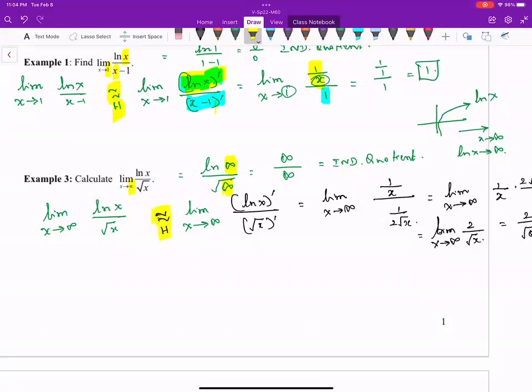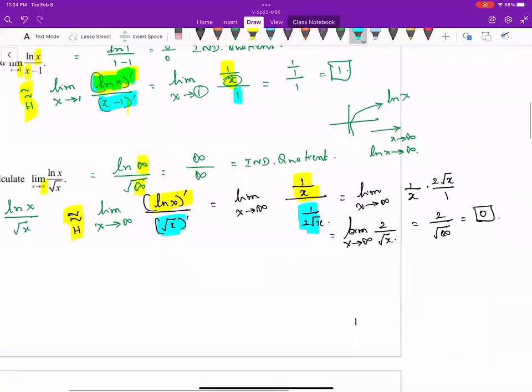So I take the derivative of the numerator and the derivative of the denominator. The derivative of ln x is 1 over x. The derivative of square root of x is 1 over 2 radical x. If you flip and multiply, you get 1 over x times 2 radical x, which is 2 over radical x on simplification. Now, if you plug in infinity in place of x, you get 2 over radical infinity, which is 2 over infinity, which is equal to 0. The final answer becomes 0 here.